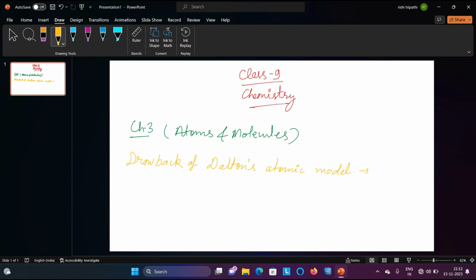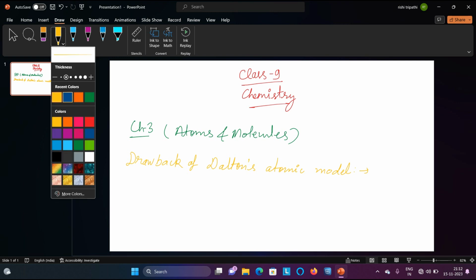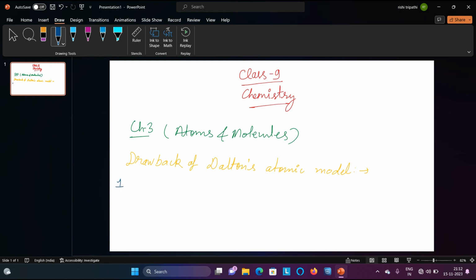The first and very major drawback of Dalton's atomic model was that atoms are individual particles. At the time of Dalton, the discovery of electron, proton, and neutron had not taken place. So people used this postulate that atoms are indivisible, but it was proved wrong by the discovery of electron, proton, and neutron.